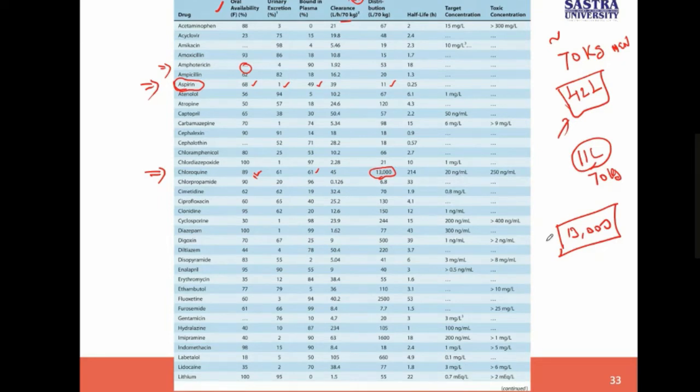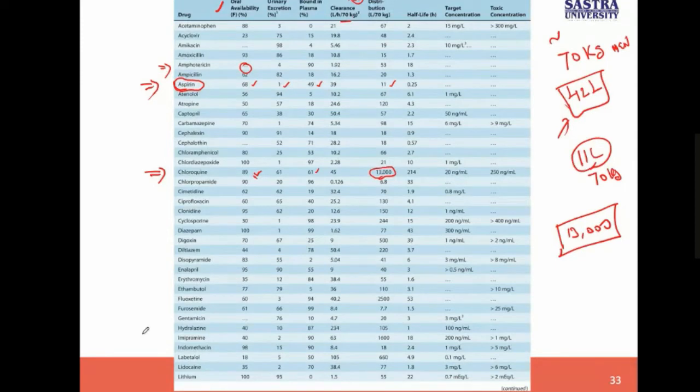Is my question understandable? The 70 kg person has 42 liter. For 100 kg, you can proportionately increase to 55 liter of water. So how come for chloroquine the volume of distribution is 13,000 liter per 70 kg?